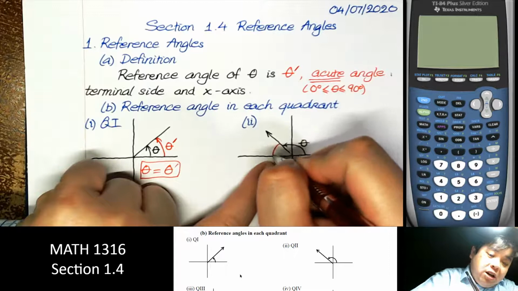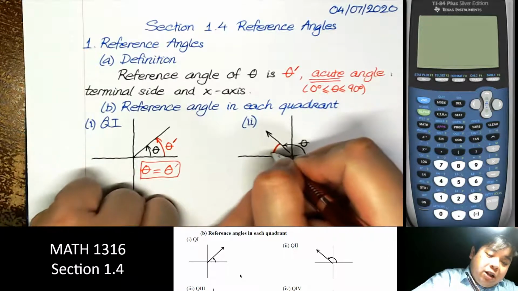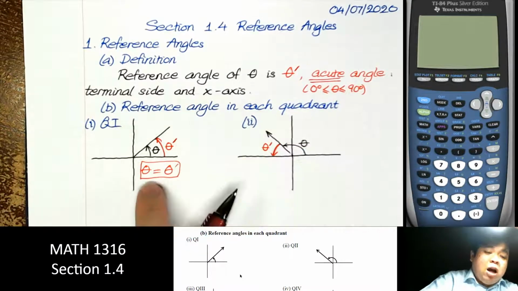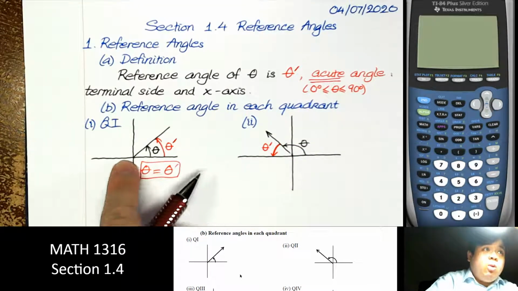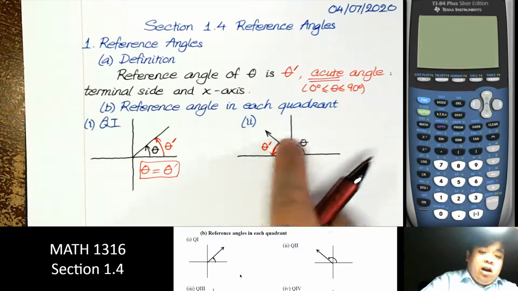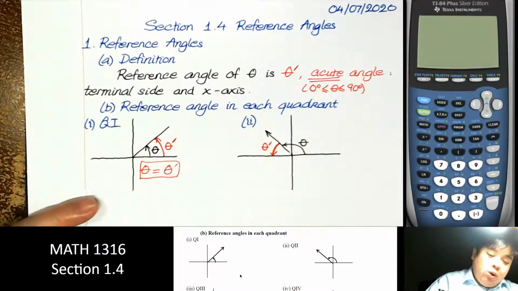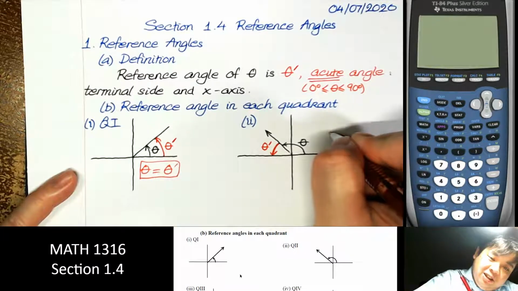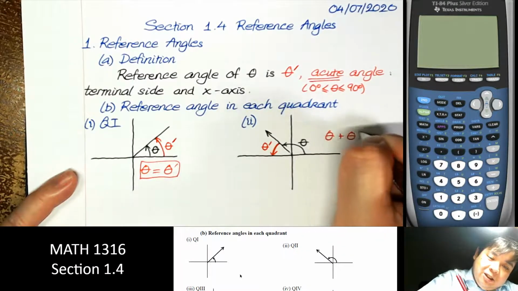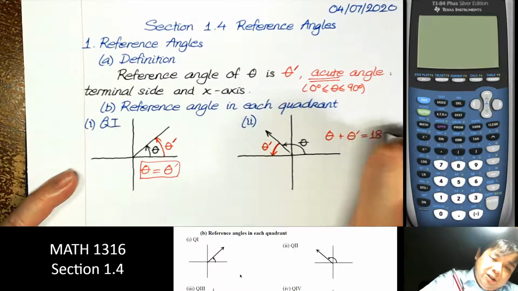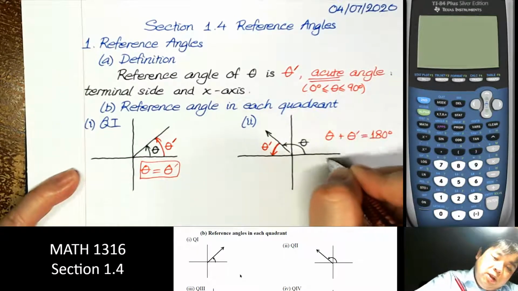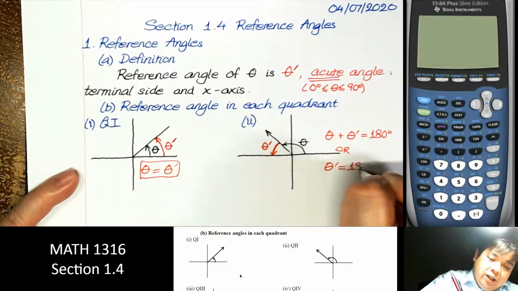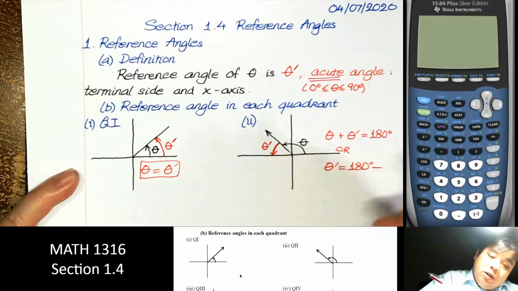So we have to use this side because that's the only option that gives us theta prime. Sometimes we use the one on the right, sometimes the one on the left, whatever gives us an angle between 0 and 90 degrees. In this case, they add up to 180, or we can write theta prime is 180 minus theta.